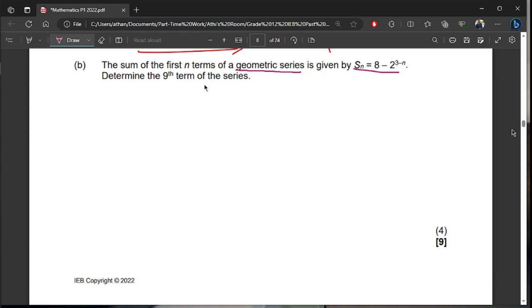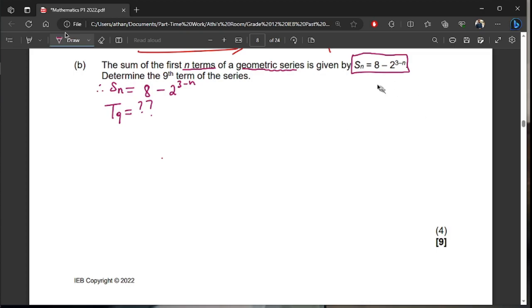What I'm going to do here is say Sn is 8 minus 2 to the power of 3 minus n. Determine the 9th term. So we are looking for T9, not S9.